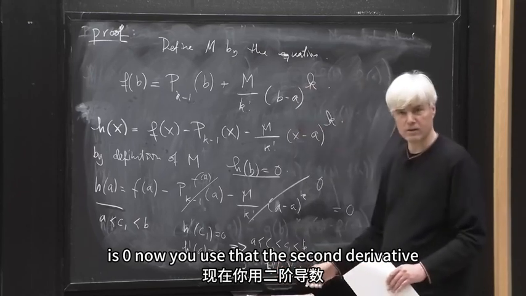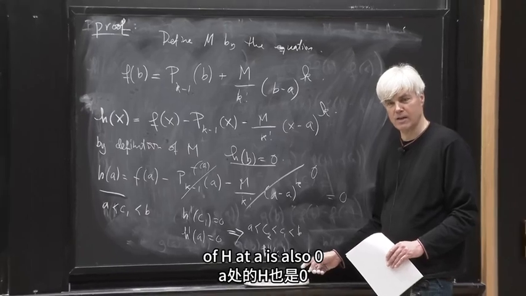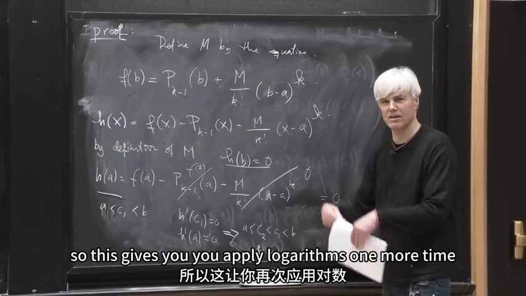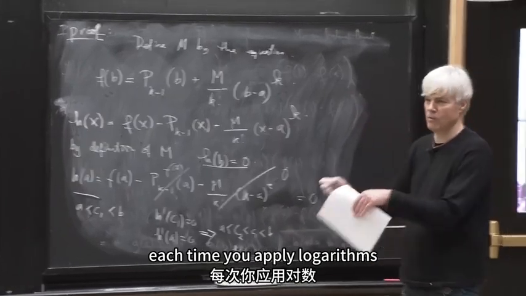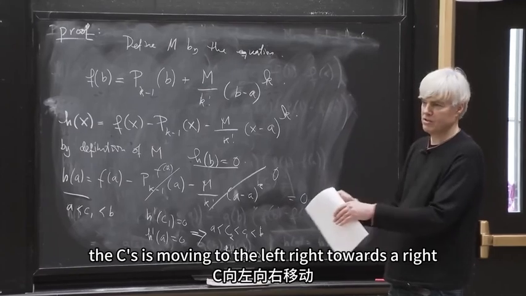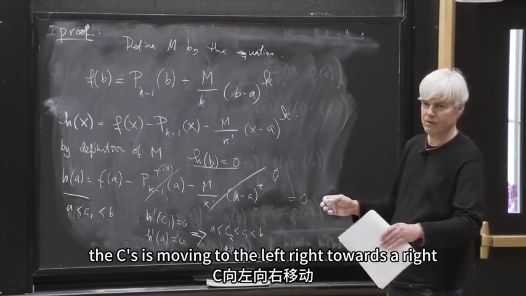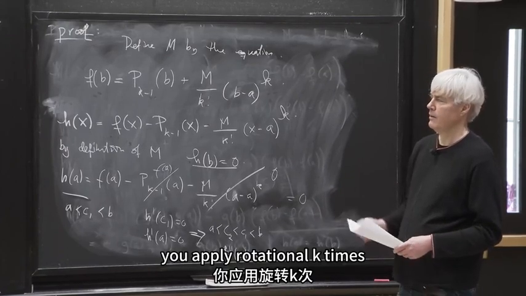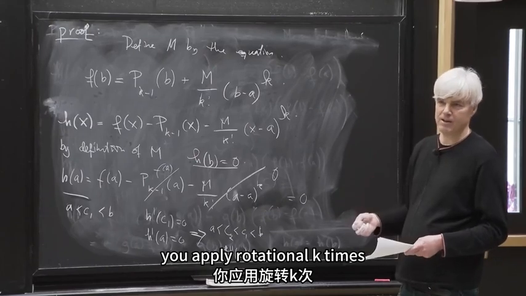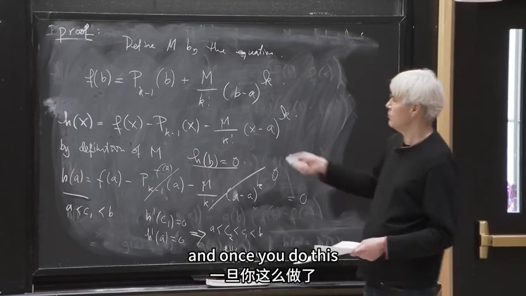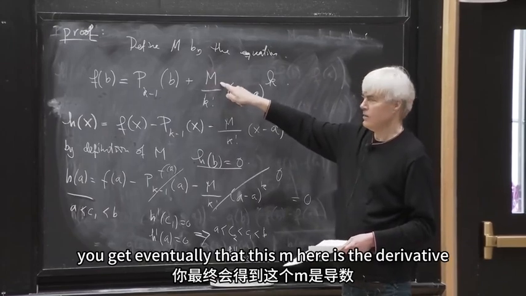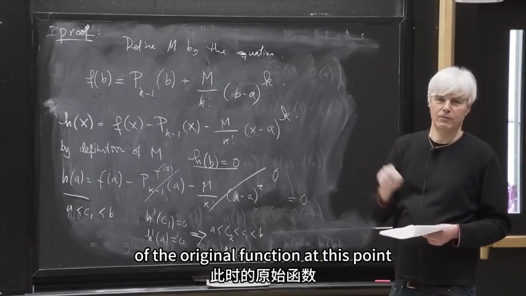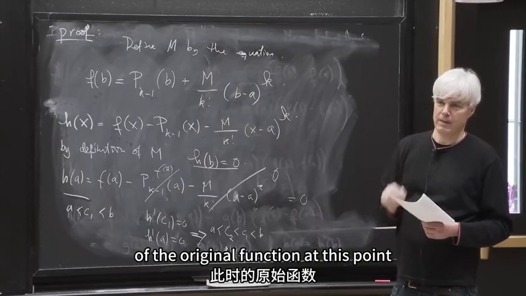Now you use that the second derivative of h at a is also 0, so you apply Rolle's theorem one more time. Each time you apply Rolle's theorem, the C is moving to the left, towards a. And so you apply Rolle's theorem k times, and once you do this, you get eventually that this m here is the derivative of the original function at this point.